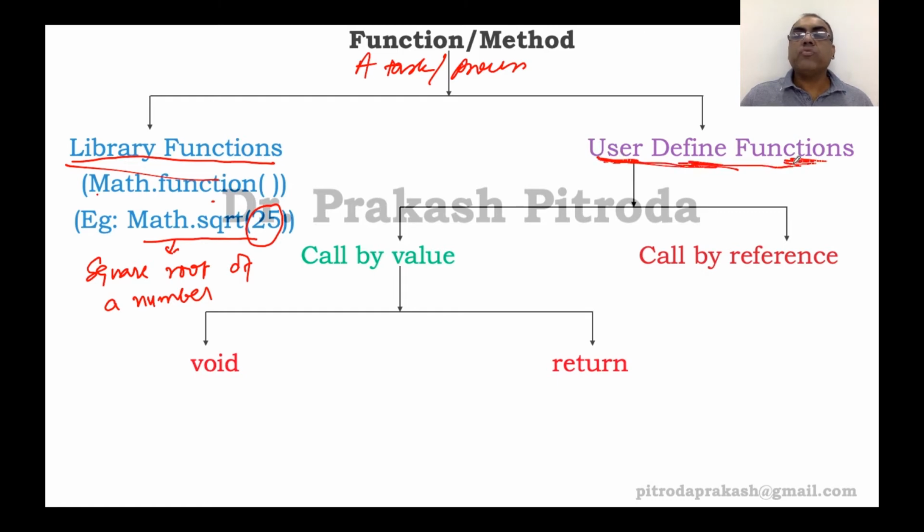User-defined functions are those functions which are defined for the needs of the user. We'll go more in detail. Alright. Now, this is our topic for the day. Of course, there are two types of function calls: call by value, also known as pass by value, and pass by reference.